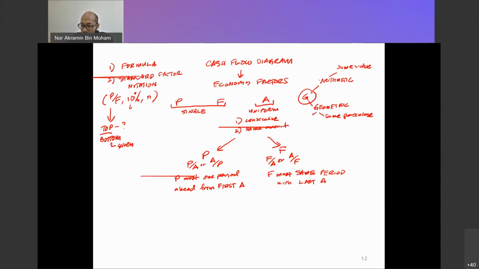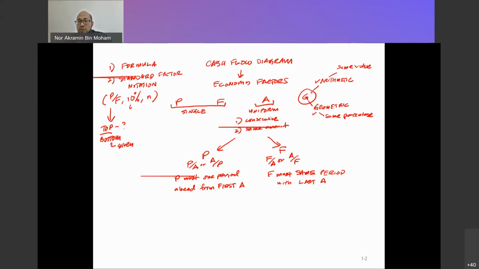What's important is that we have to differentiate between arithmetic and geometric gradient, because these two factors have different formulas. If the cash flow diagram is categorized as arithmetic gradient, we have to use arithmetic gradient methods. If the problem is based on geometric gradient, we have to use the formula specific for geometric gradient.